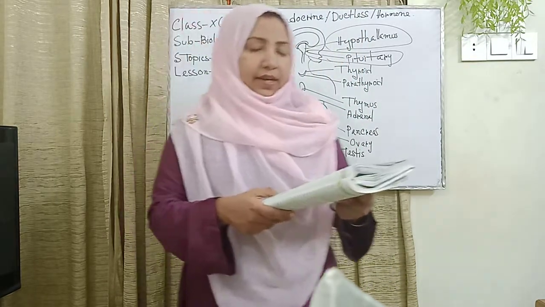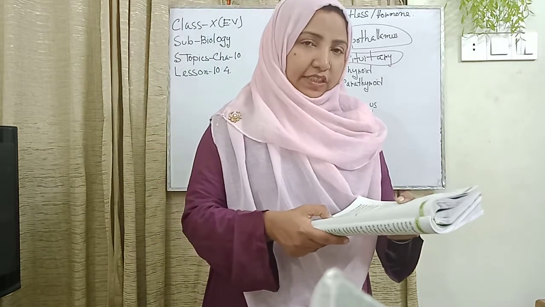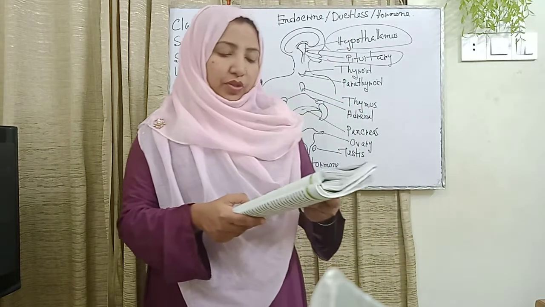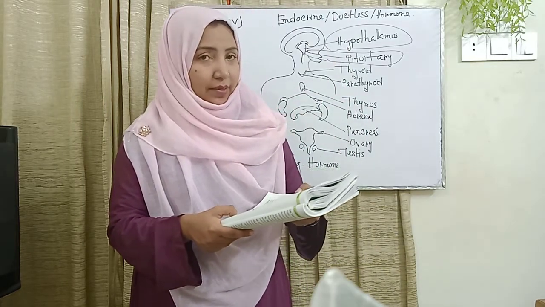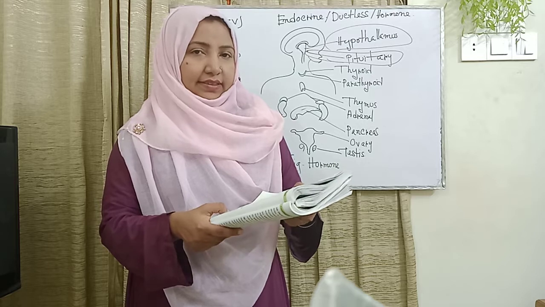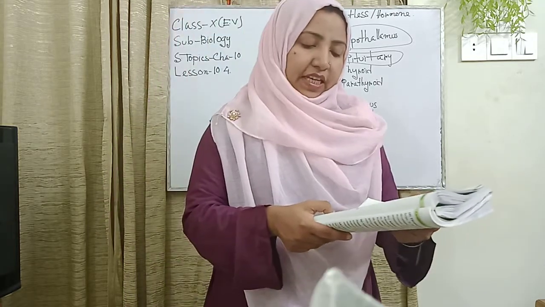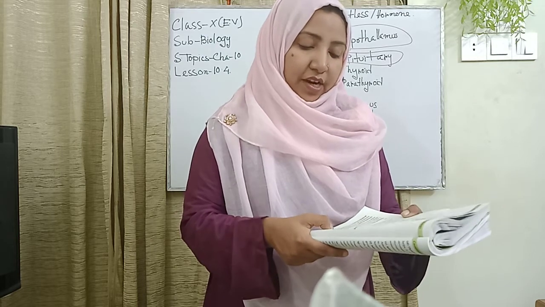The pituitary gland or hypophysis is situated beneath the brain. It is the main hormone-producing gland in the human body because it secretes several hormones. Some of these have an influence on other endocrine glands.